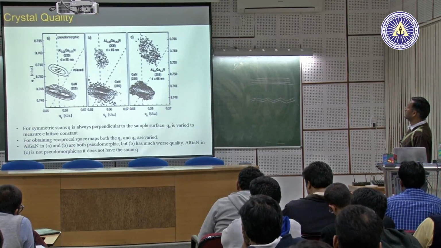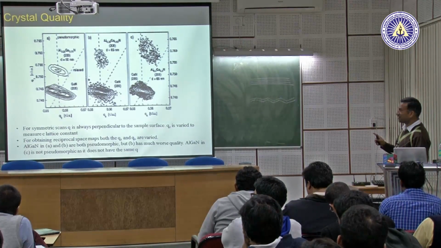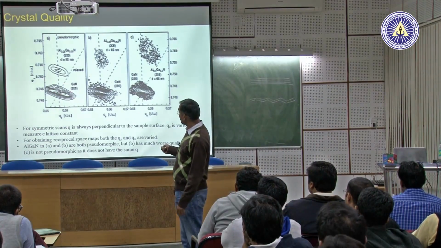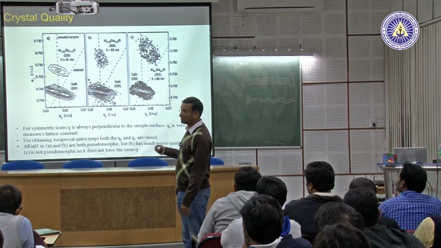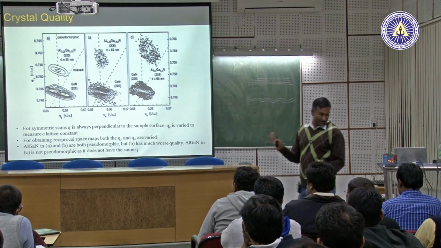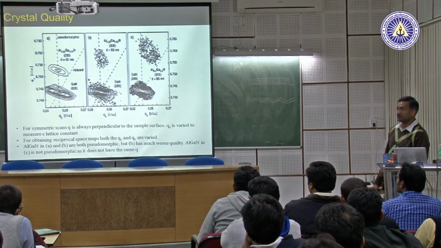Oh no, in this case actually it's gallium nitride and aluminum gallium nitride layers on a sapphire substrate. I am sorry. So this is the gallium nitride layer, and this is the aluminum gallium nitride thin film on top. So these are two thin films, and in this case a sapphire substrate is used.